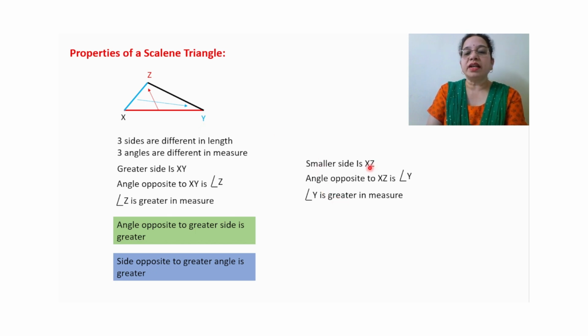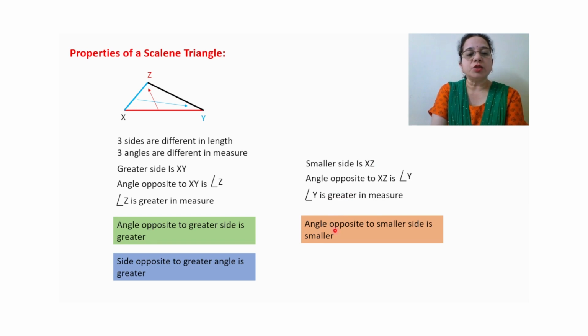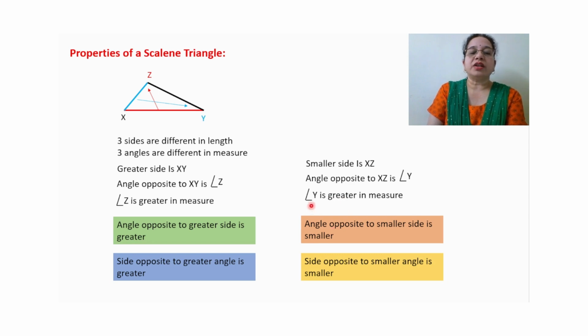If XZ is smaller, then angle Y will be smaller. Just do the correction, instead of greater it should be smaller. So we can say that the angle opposite to the smaller side is smaller, or we can say that the side opposite to the smaller angle is smaller. Please do the correction, angle Y is smaller.